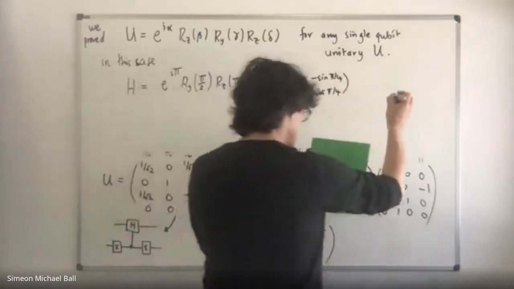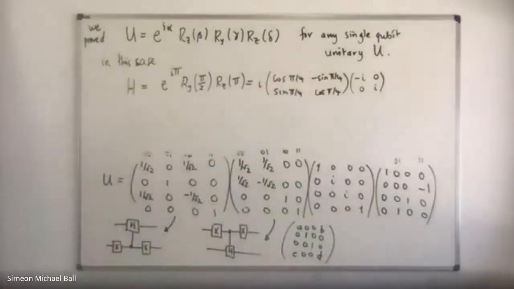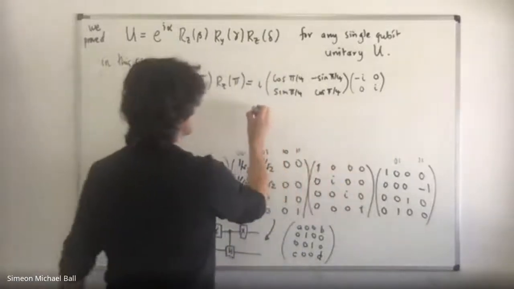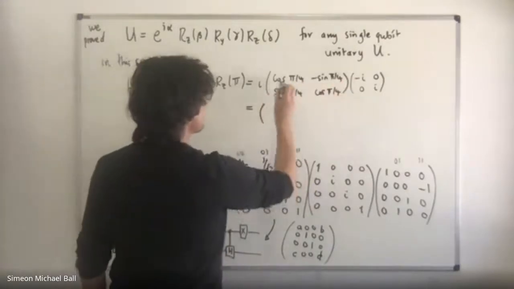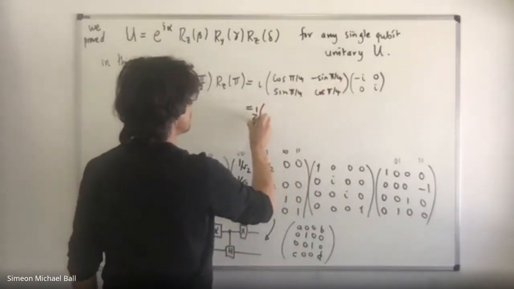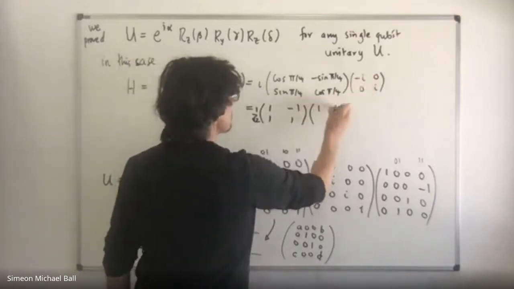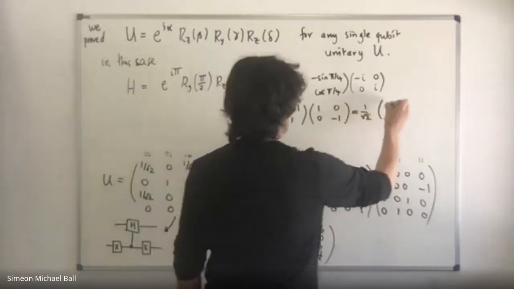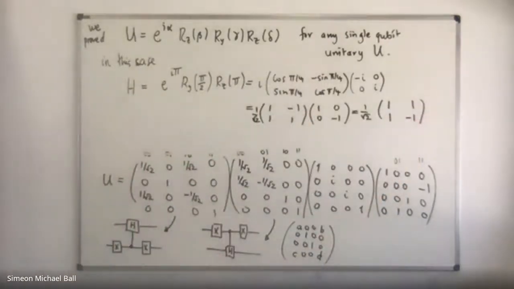And then Rz pi should just be minus I, 0, I. And if we multiply all that out, then we should get H. This I we can take over to there. Here we get 1 over root 2, 1, minus 1, 1, 1. The I over there gives 1, 0, 0, minus 1, which brings the minus down to where it should be. Okay, so that's how we decompose our Hadamard.